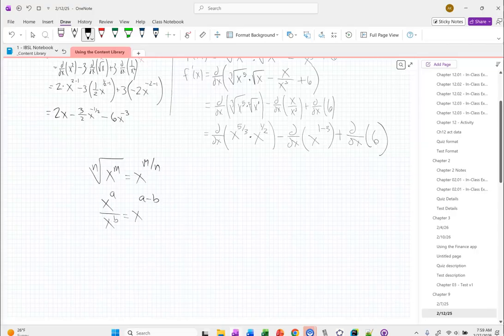How do I multiply x to the 5/3 times x to the 1/2? Guys, wake up here. This is just like rules for exponents, right? We add the exponents.